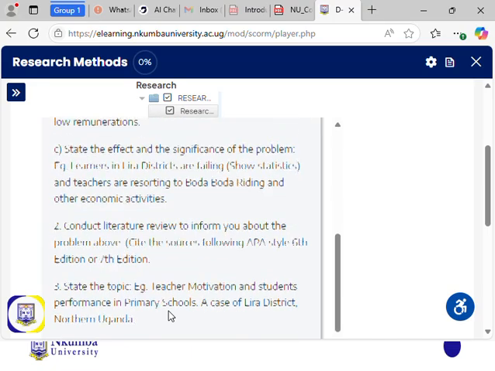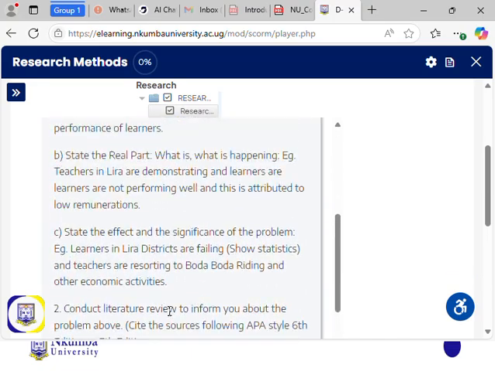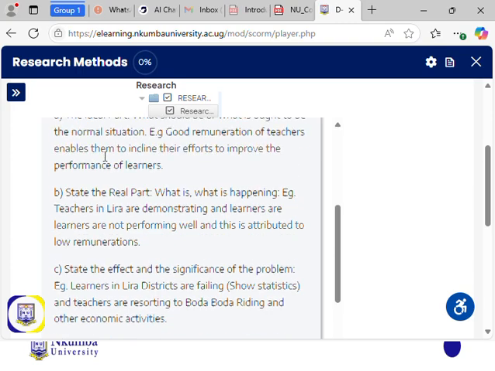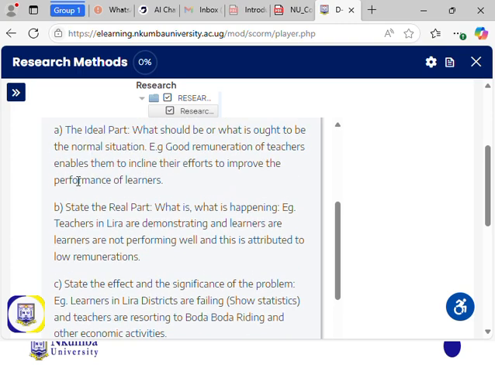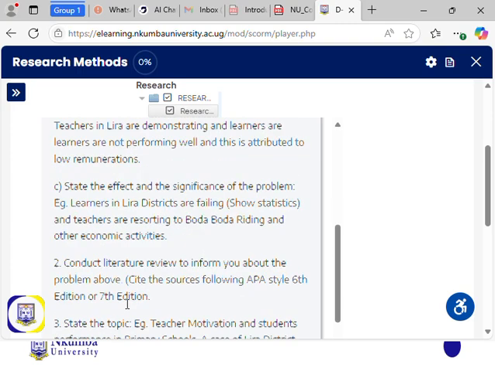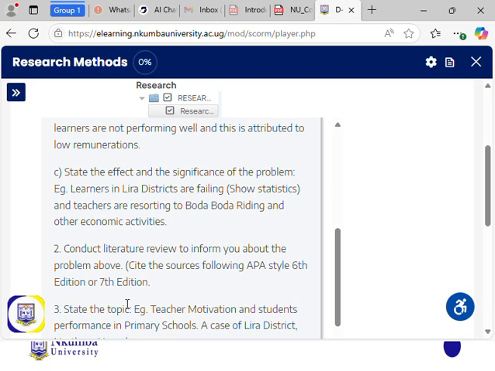Then we say, if the problem you're stating has these three parts, then that problem is worth pursuing. However, the problem statement you're giving should also have literature.